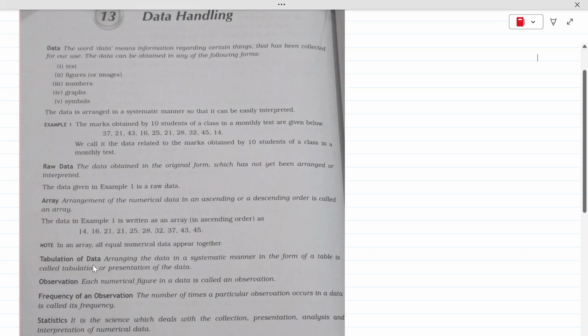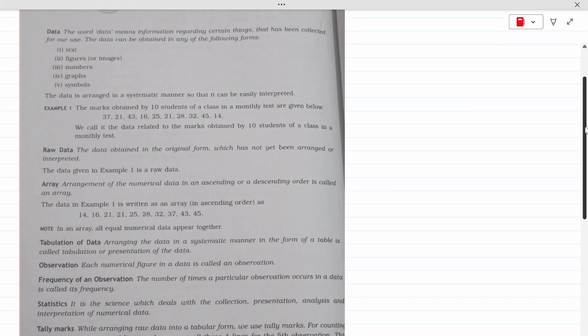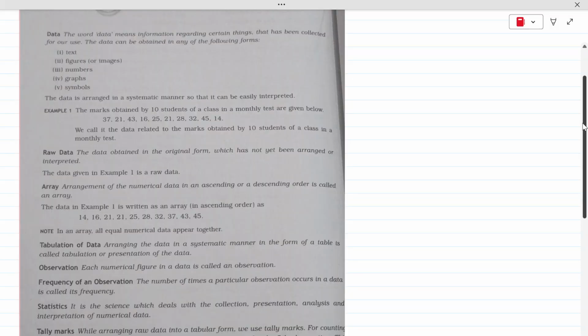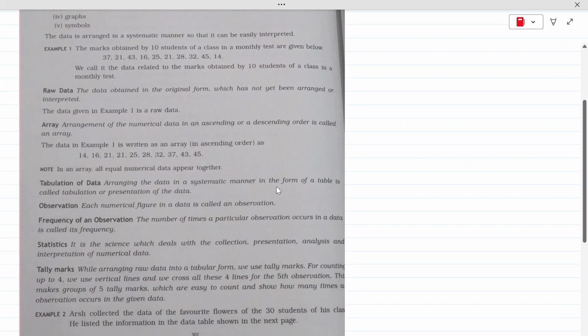Next, we have tabulation of data. So like I said, the data which we get in its original form is called the raw data. And when we do the processing, when we arrange that data in a systematic manner, then it is called the tabulation of data or presentation of data also.